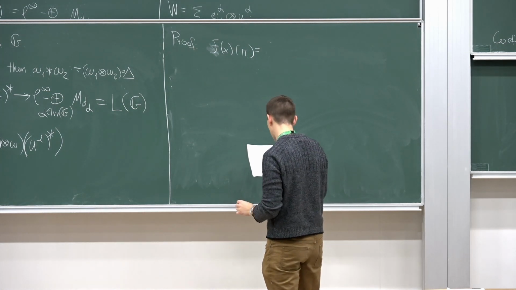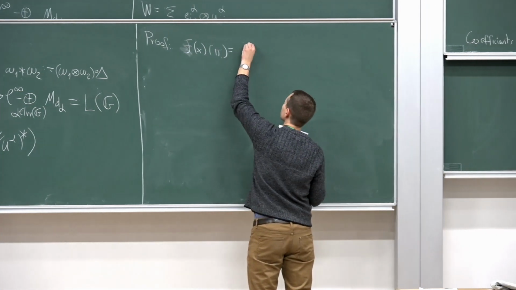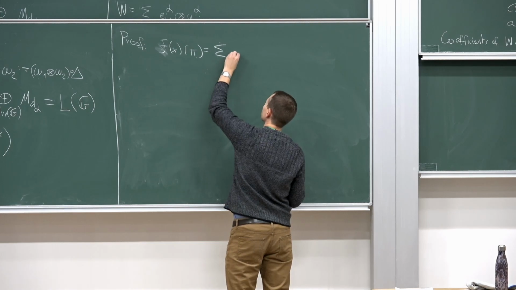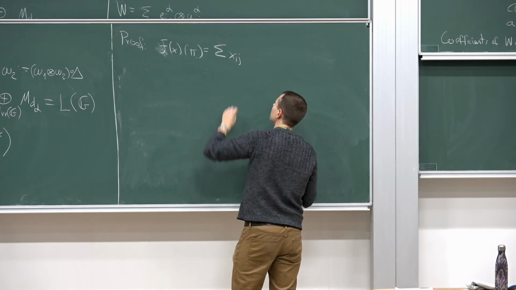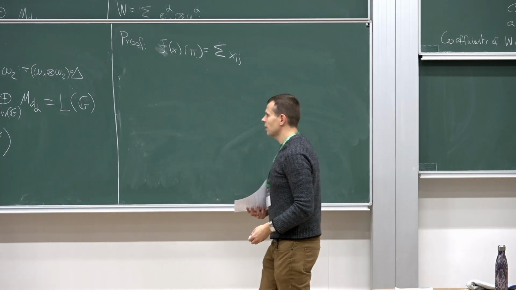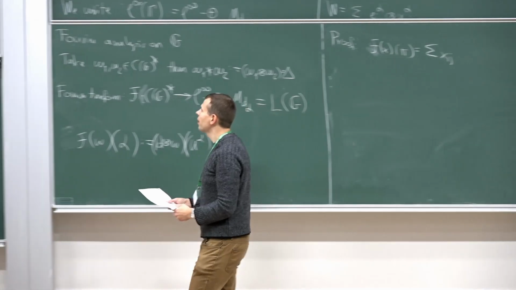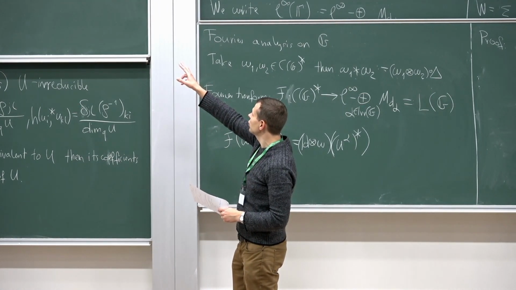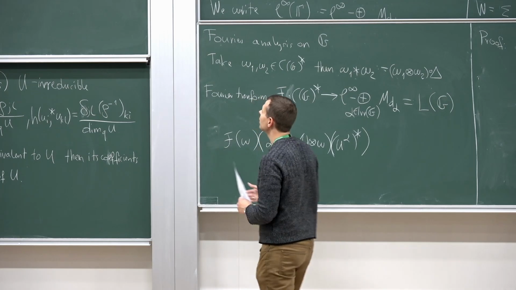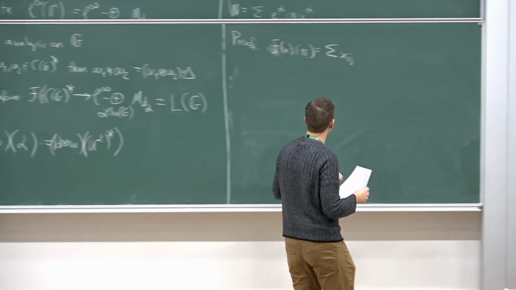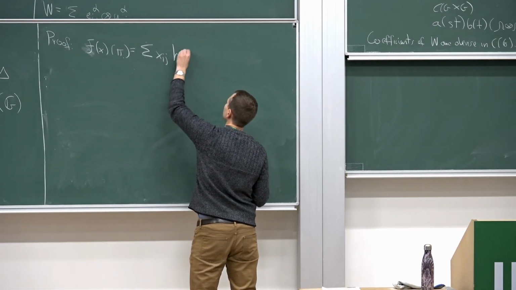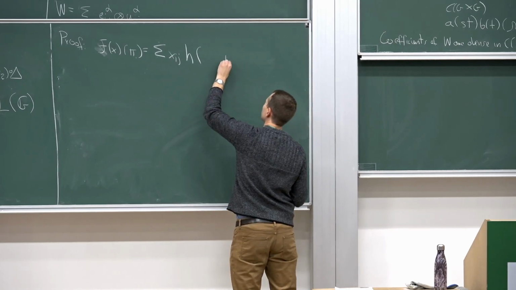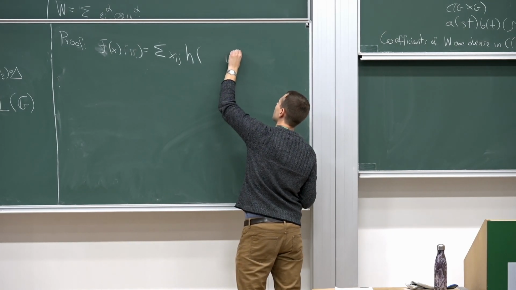Okay, so first of all, it's linear, so we can definitely write x_ij, take the coefficients. Then we view this x as a functional with respect to h. So then we have h, you have u_ij alpha here.